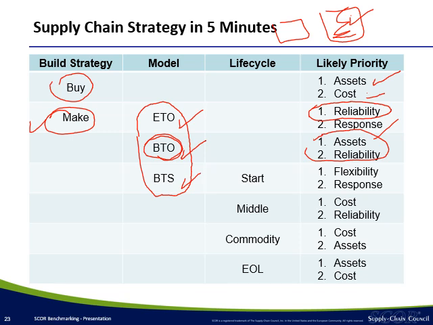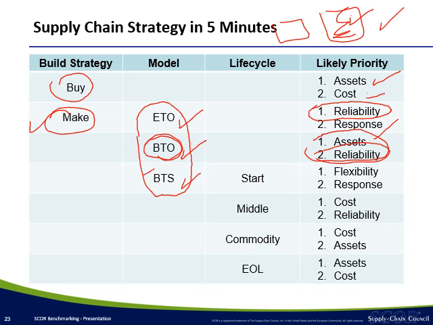No, we want to use the assets as effectively as possible. And because we have a lead time, when you order, I need time to produce the order, so once again, I need to be reliable. So number one, focus on assets and then on reliability.